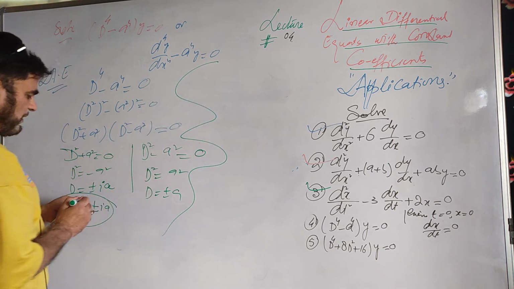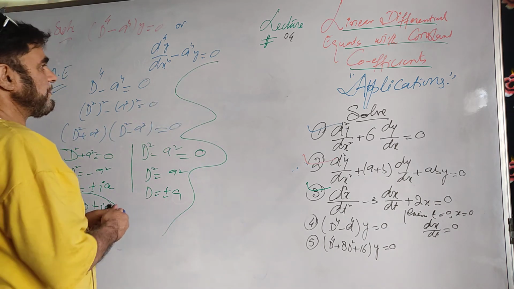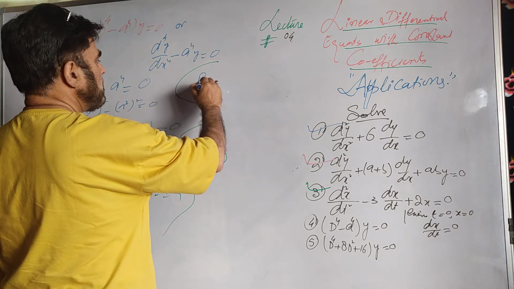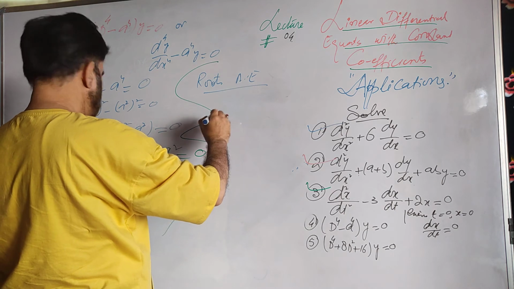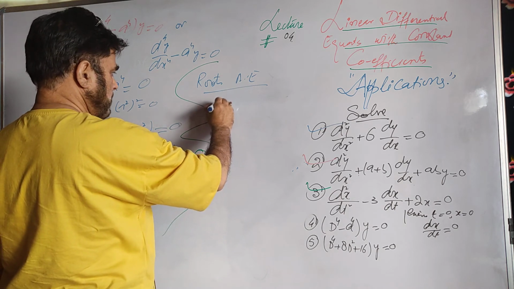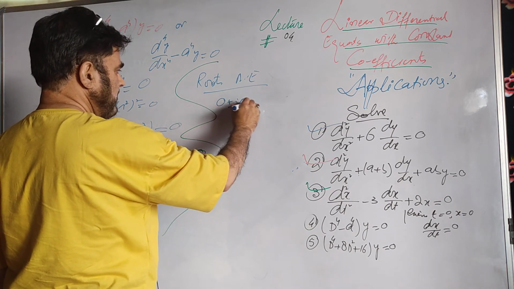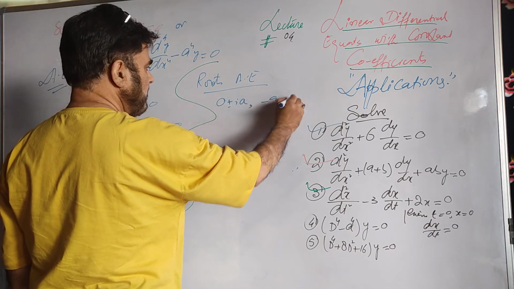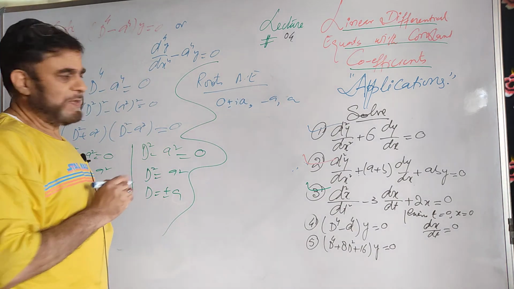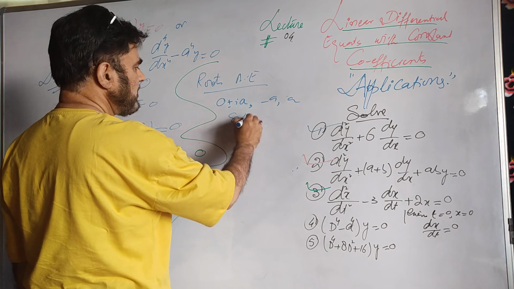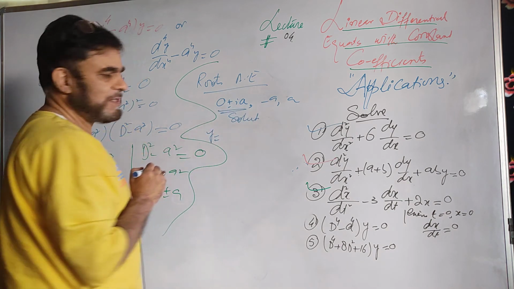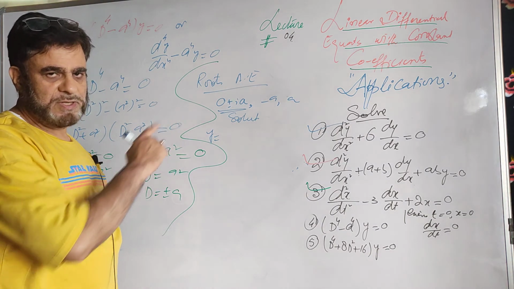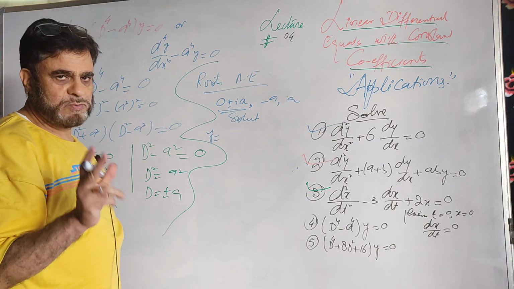Therefore, what are the roots of the auxiliary equation? You can write one pair is 0 plus minus iota a and the other two are minus a and a. These are 4 roots. So what is the solution? Required solution is y is equal to, I will first concentrate on this. Complex roots occur in conjugate pairs. There are 2, so I have to involve 2 constants.